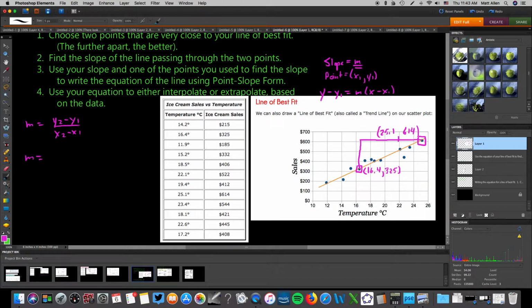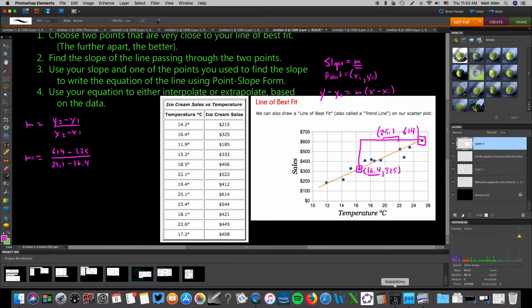Our y2 in this case is 614, so we have 614 minus our y1, which is 325. That's going to tell us how much our sales increased by. Then for x2 minus x1, 25.1 was the temperature at the second data point, minus 16.4, which is our temperature at the first data point.